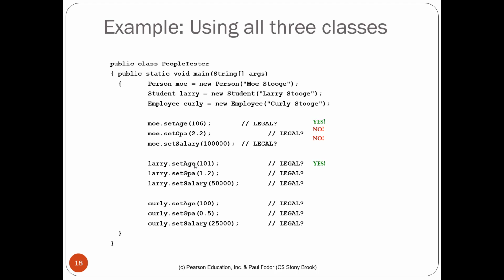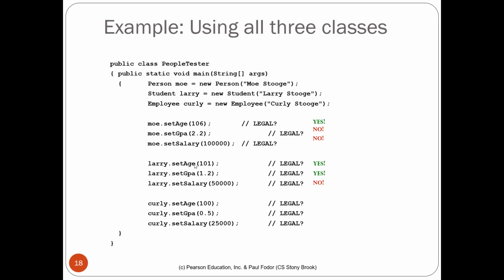Can I change the GPA of Larry? Yes, because Larry is a student and GPA exists for the Student class. Now, can I change the salary of Larry? No. Why? Salary is a data field which is not valid for a student. Salary and setSalary are specific to an employee. So we are not allowed to do that.